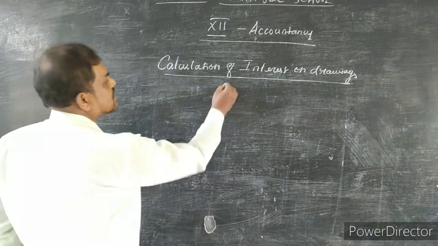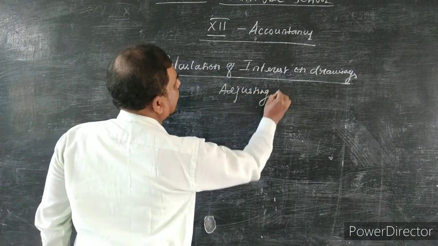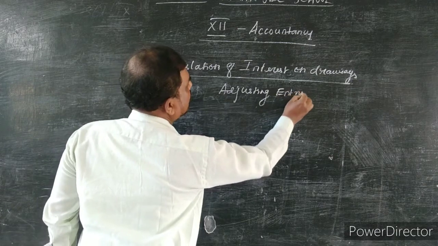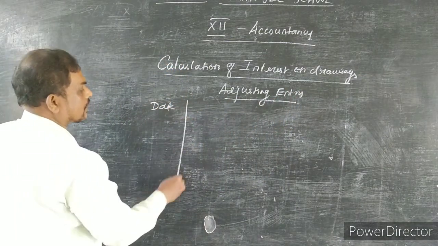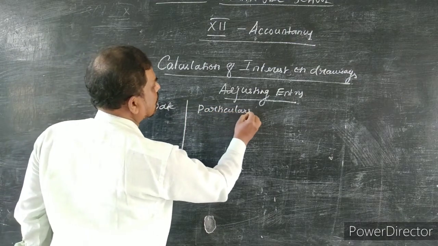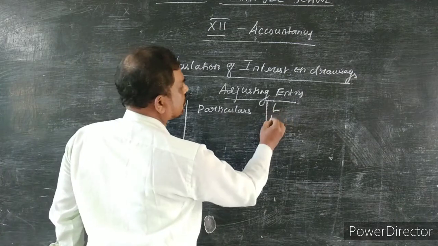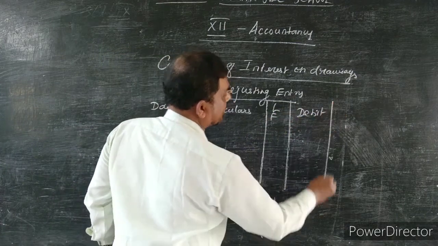Okay, so the adjusting entry for interest on drawings: date, particulars, LF, debit and credit.